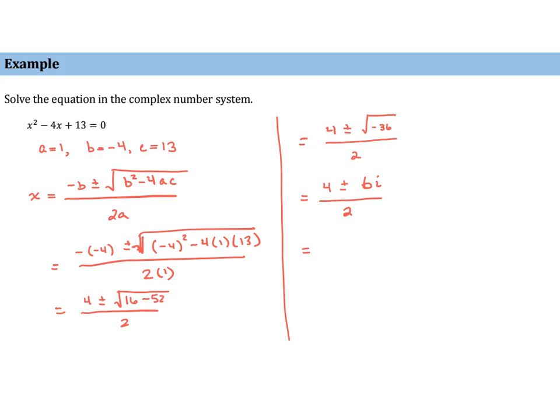So we must write this in a plus bi format. So we have 4 over 2 plus or minus 6 over 2 i. So we have 2 plus or minus 3i.